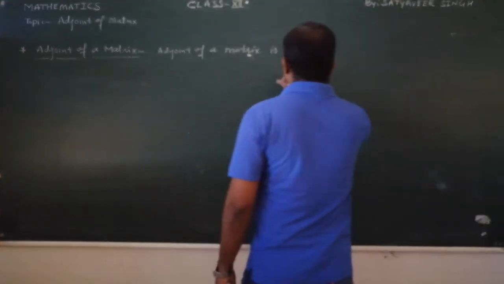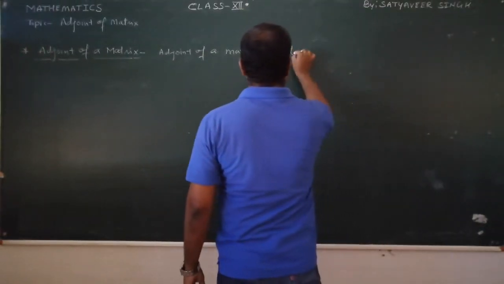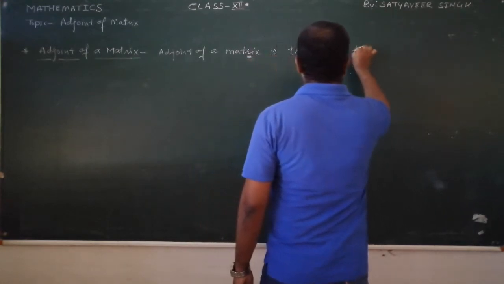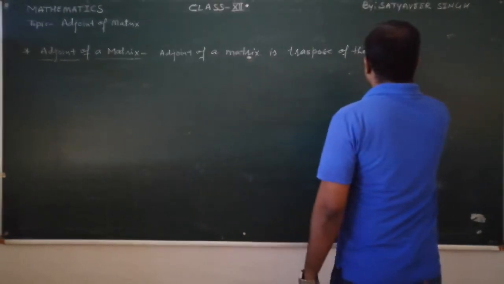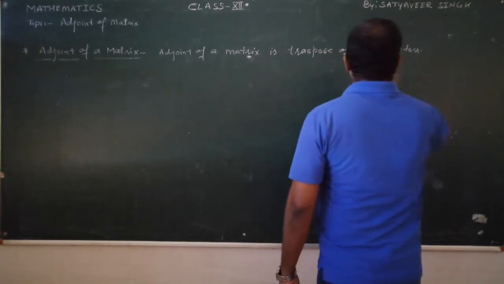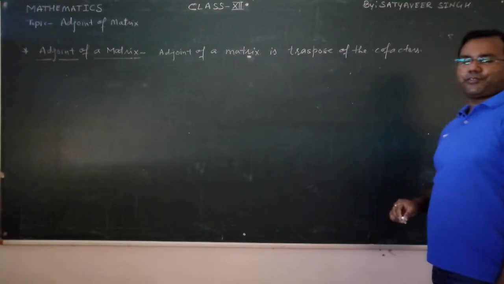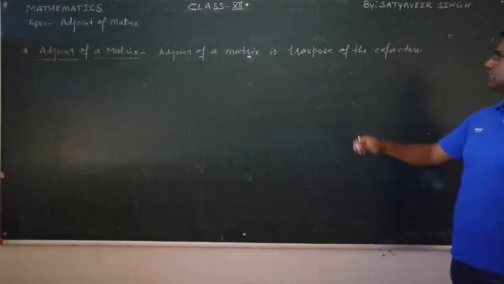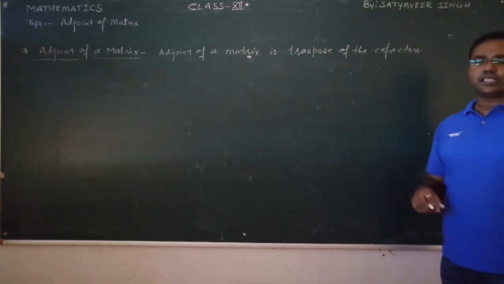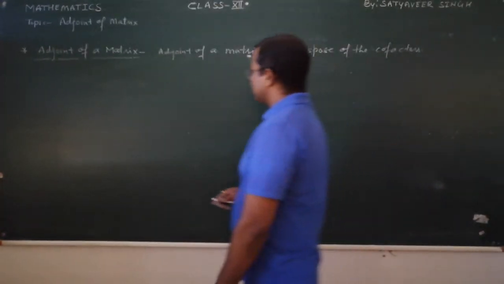So the adjoint of a matrix is, basically, we can say, the transpose of the cofactors. It means if you find the transpose of the cofactors of a matrix, then it is called the adjoint of a matrix.